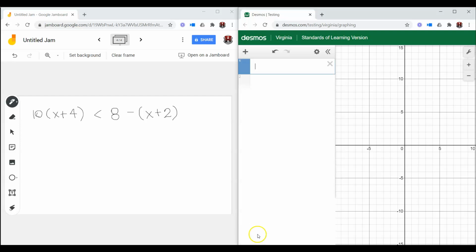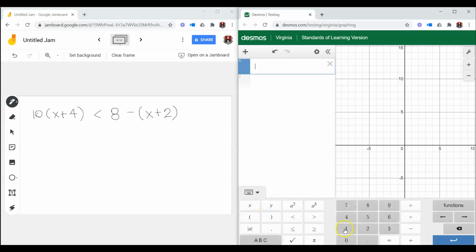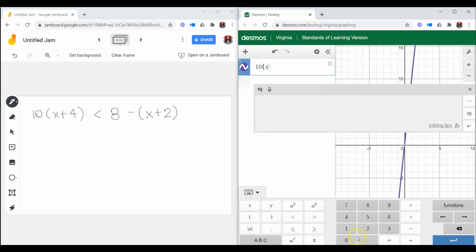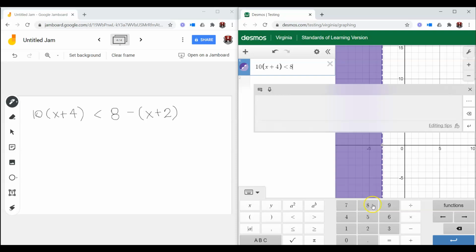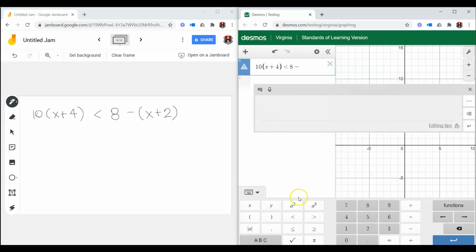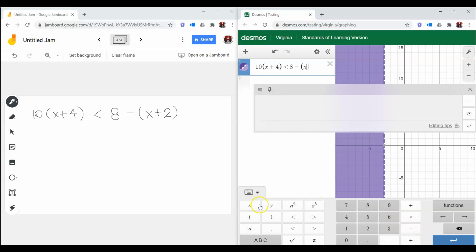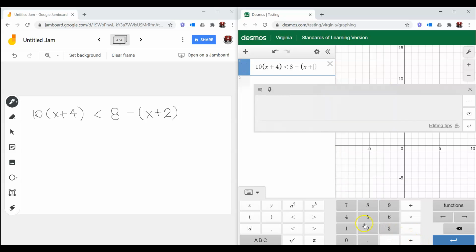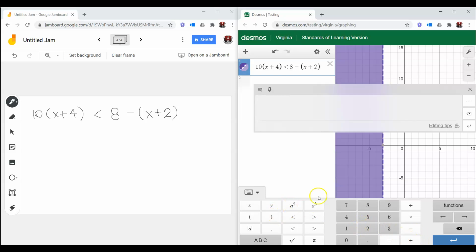All right, let's show the keypad and let's type it in. 10 parentheses, x plus 4, close parentheses, is less than 8 minus parentheses x plus 2, close parentheses.